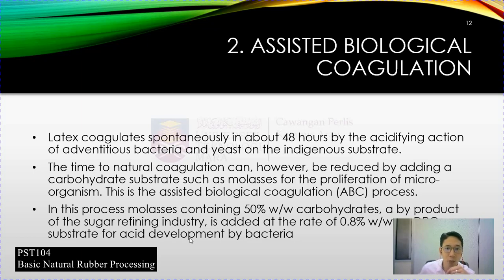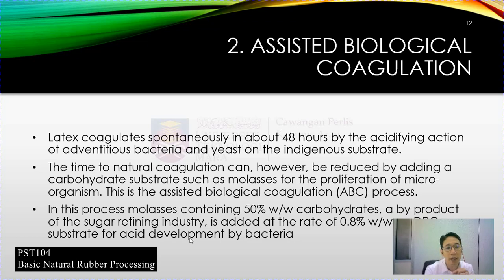In this process, molasses containing 50% weight over weight of carbohydrate, so you introduce more carbohydrate, a byproduct of the sugar refining industry, is added at the rate of 0.8% weight over weight of the RC. So you need to know the actual amount of your RC, and you add 0.8% of the molasses as the substrate for acid development by the bacteria.